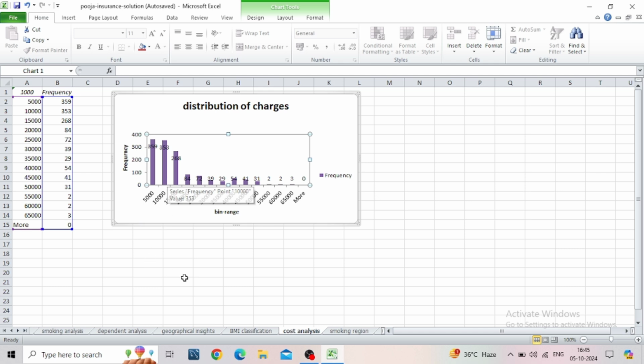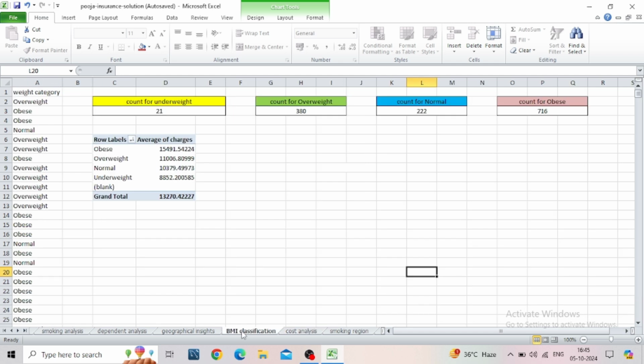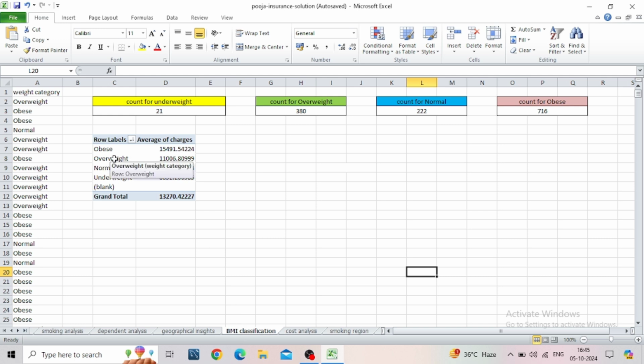So my next task is BMI classification. In this task, I classify individuals based on their BMI into categories such as underweight, normal, overweight and obese. I then calculated the average medical charges for each category.